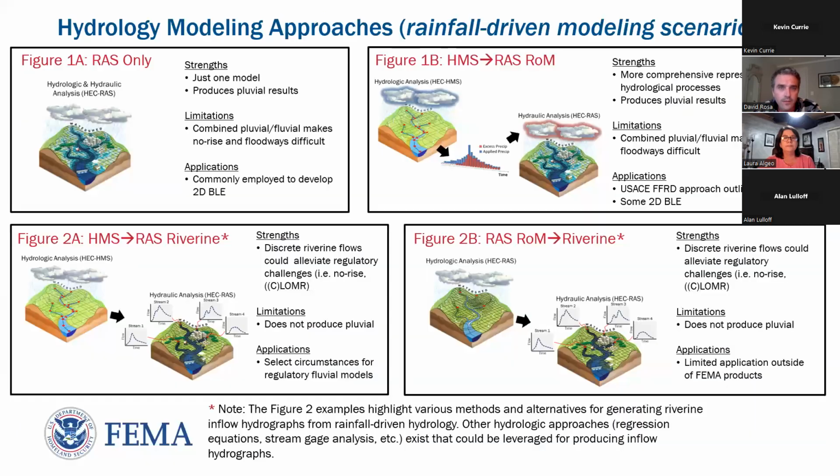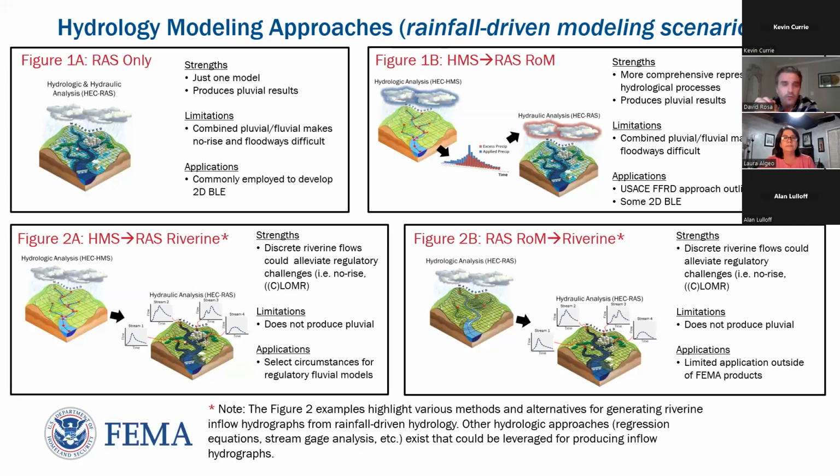Next slide. One thing that we really did leverage and use, and this actually came, I believe, from the products subgroup, but I think this is a really useful conceptual understanding of the different ways that you can treat or model hydrology within our current framework. So on the top left is a RAS only approach, right?